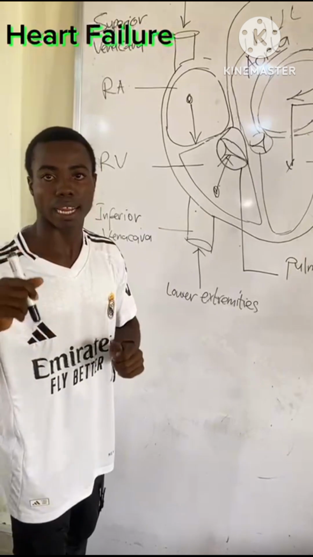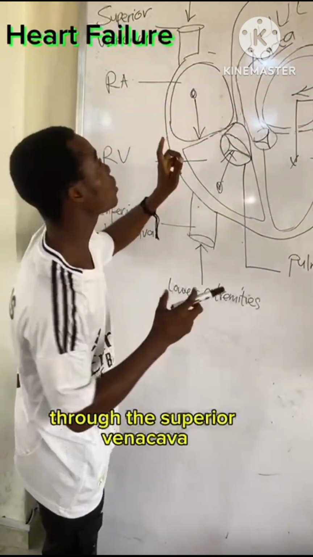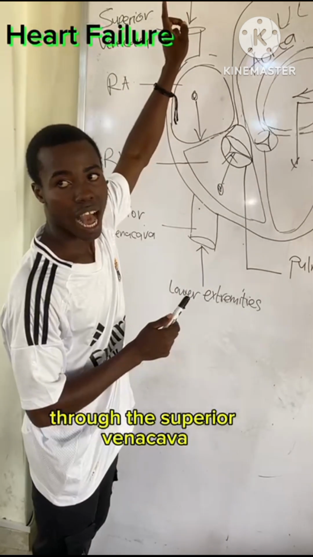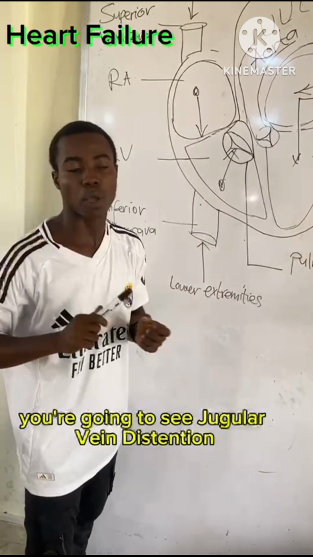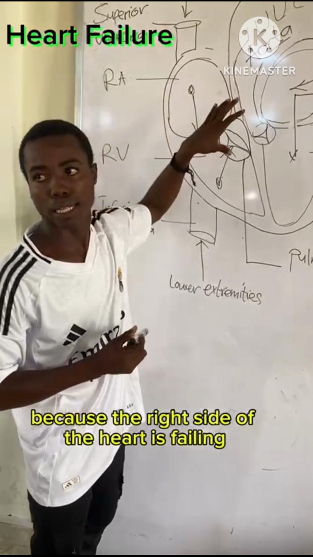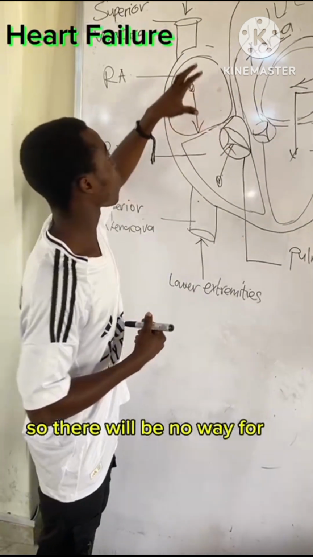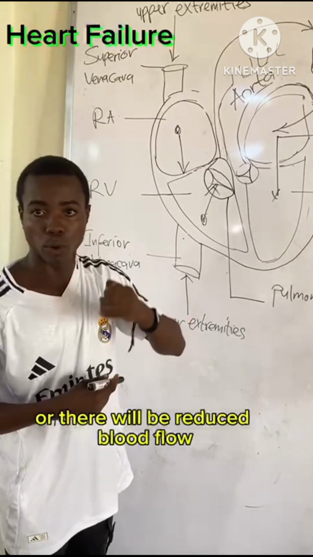When there is right-sided heart failure, the blood returning to the heart through the superior vena cava, moving from the upper part of the body, that's where you're going to see jugular vein distension because the right side of the heart is what? Failing.